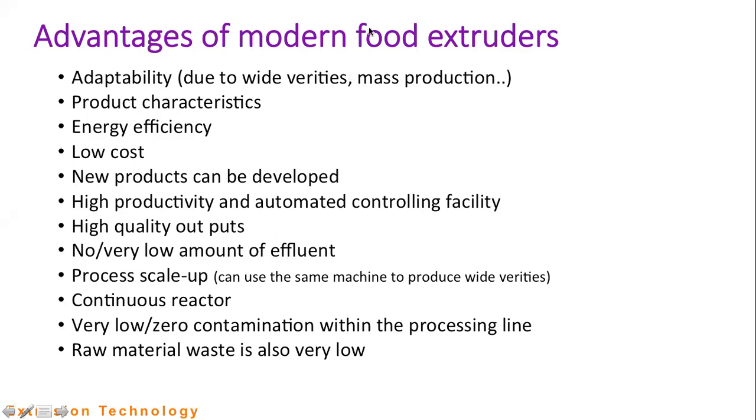modern food extruders. We are going to discuss the advantages. So as I explained earlier, adaptability, it is very important. See? The adaptability is very important. It means we can use it for wide varieties of food products, and we can use it for mass production.